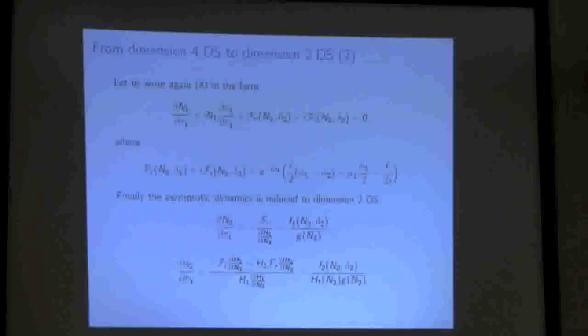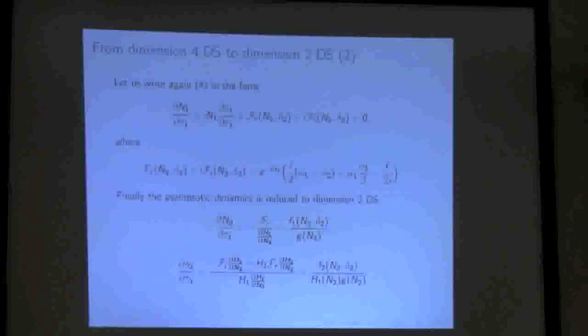So finally I am able to write that in the polar form the evolution of n2 versus τ1 depends simply on a function f1 of n2 and delta 2, divided by a denominator g of n2, and for delta 2 it is similar: I have a function f2 and the same function g in the denominator.